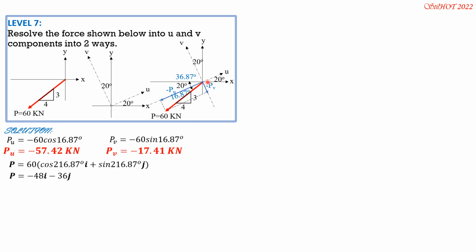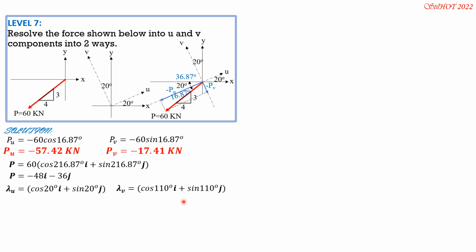While the unit vector of U is the same, cosine of 20 degrees i plus sine of 20 degrees j. While the unit vector of V, lambda of V, is cosine 110 degrees i plus sine 110 degrees j, same as before.